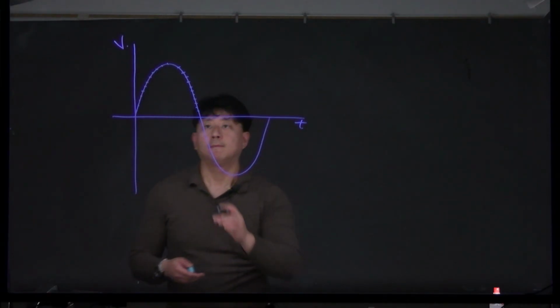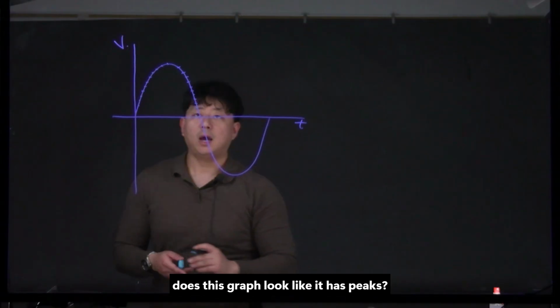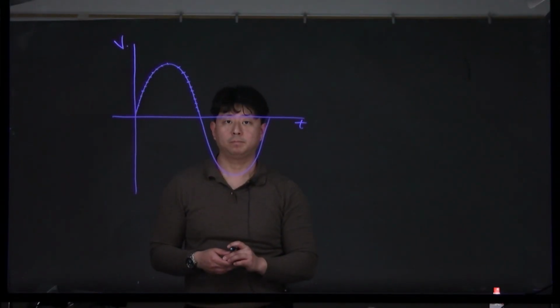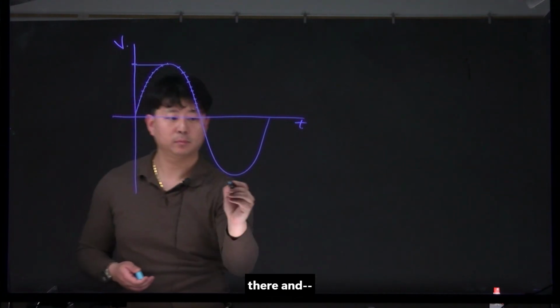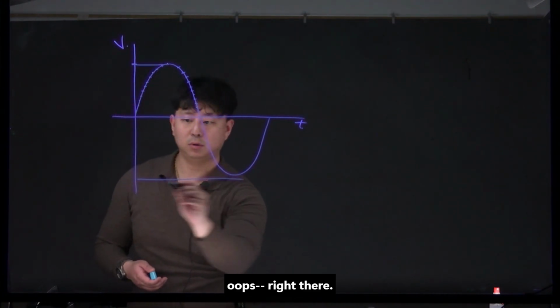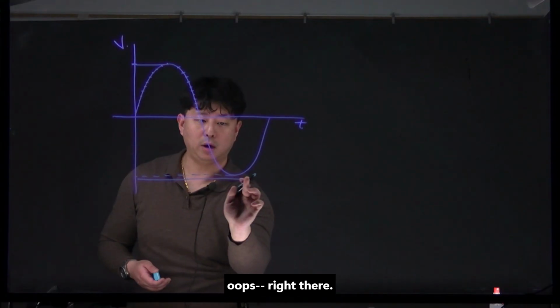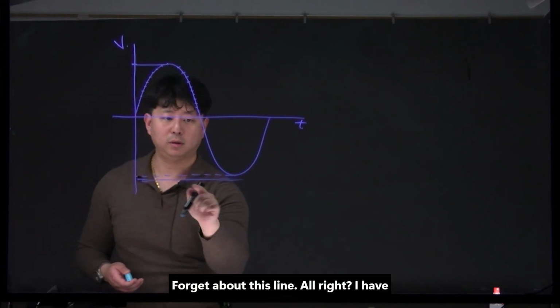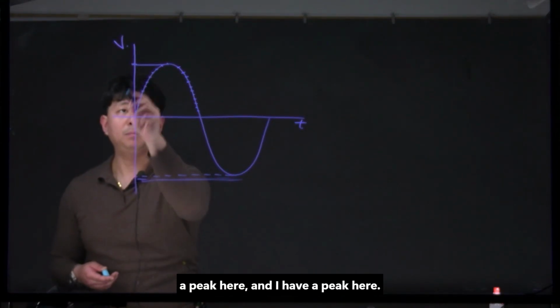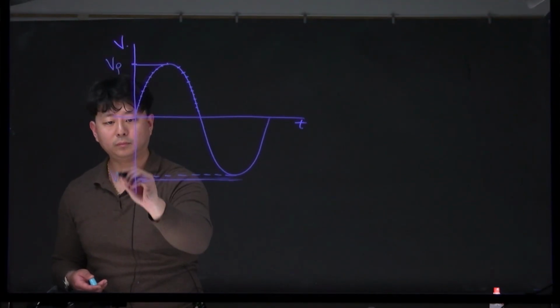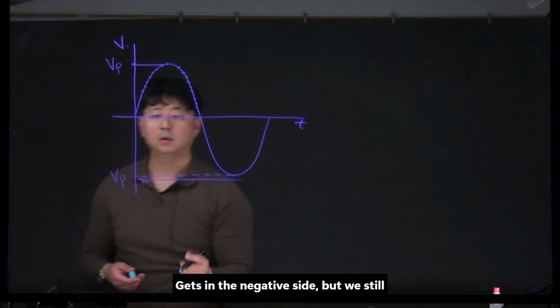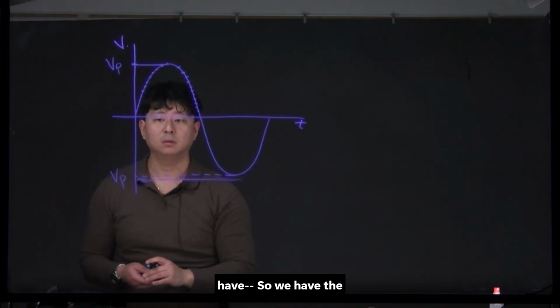Now, does this graph look like it has peaks? Yep, two locations, right there and right there. Forget about this line. I have a peak here, and I have a peak here. It gets into the negative side, but we still have peaks.